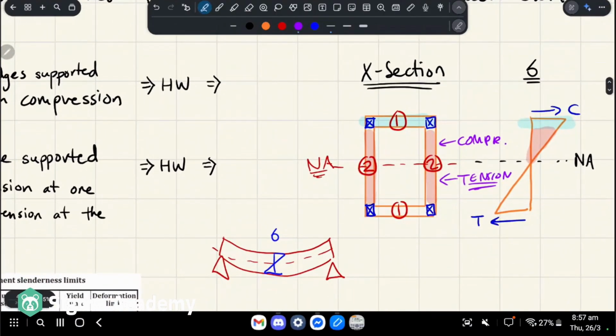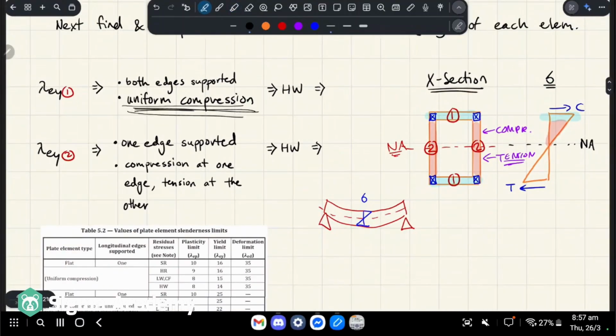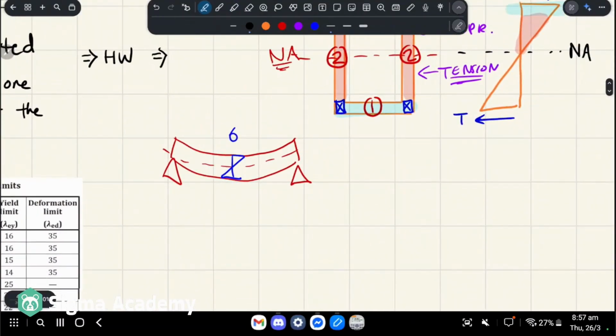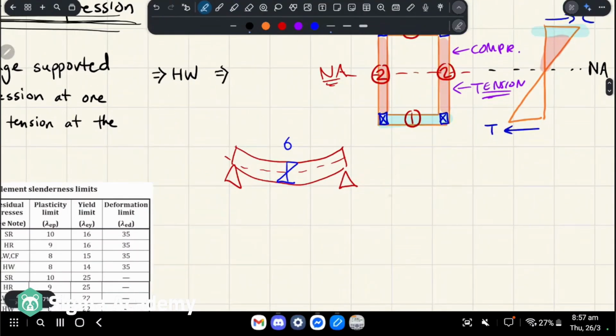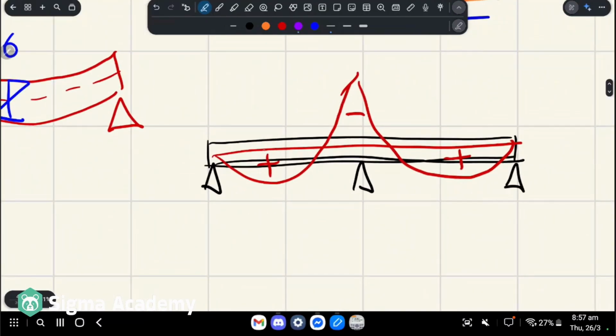Now you might be wondering, why are we considering element 1, for example, at the bottom if it's in tension? And why is this described as only uniform compression? It's because if you think of the bending moment diagram of our loading situation, generally speaking, that's our beam, and the bending moment diagram looked like this or something. In areas of positive moment and negative moment, we have different behavior of our stress distribution.